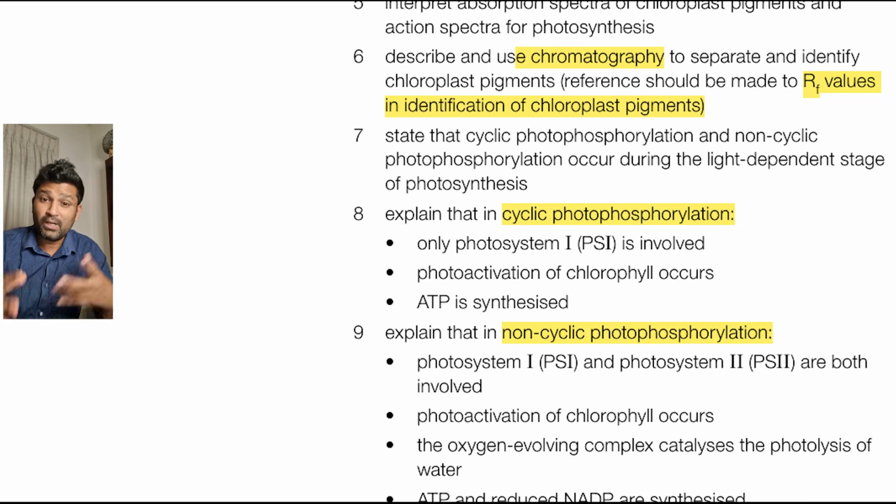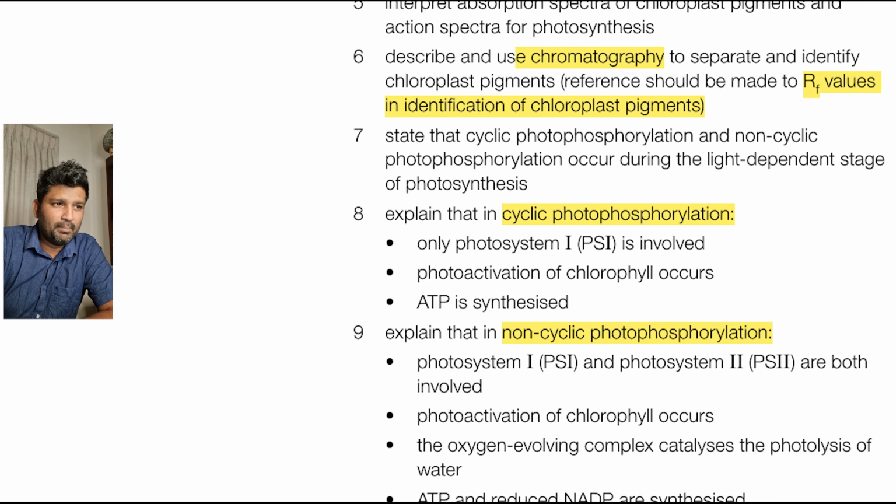If they were to combine this, they might ask you to identify the parts first and then ask you what are the parts that are not found in cyclic photophosphorylation. So this is something you might want to go through, and you should be able to describe the process as well.